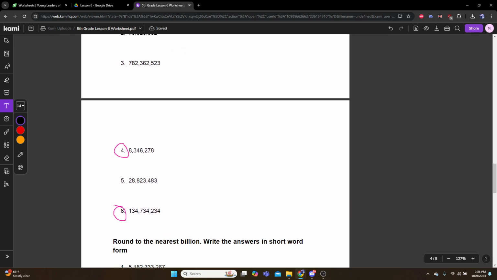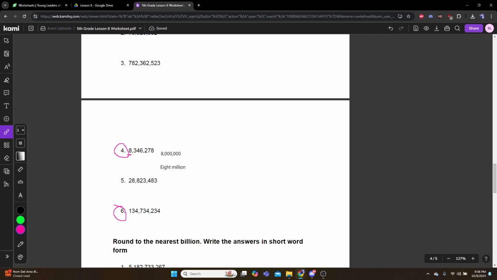Okay, now for number 4, same thing. Identify where the millions place is, in which it's the 8 in this case. And then we know that it's a 3 on the right side, so it would become 8 million. And then we could write it out to just be 8 million.